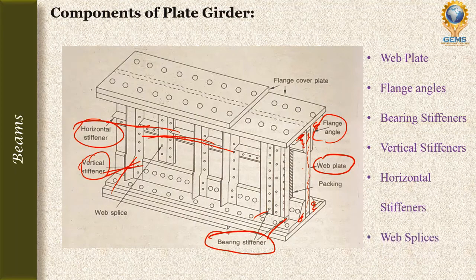Next is web splices. This portion is called web splices, and the last one is flange splices. These are the components of the plate girder.